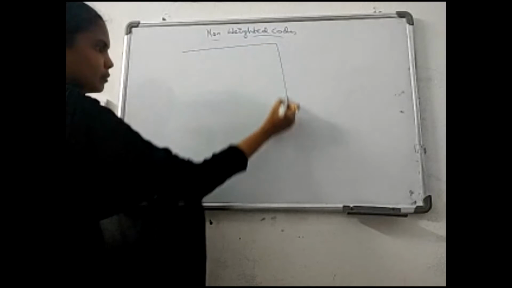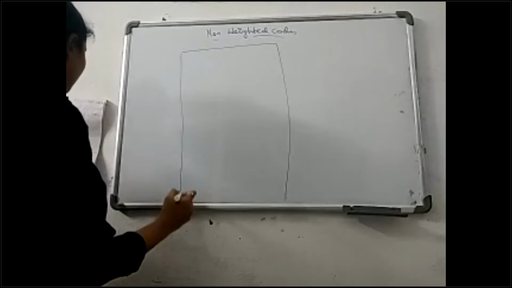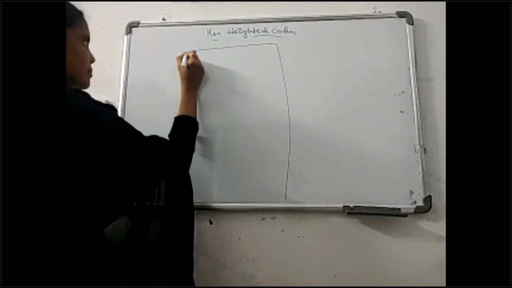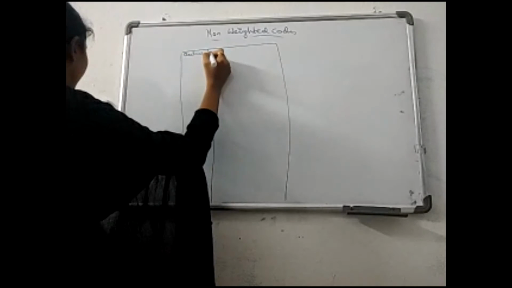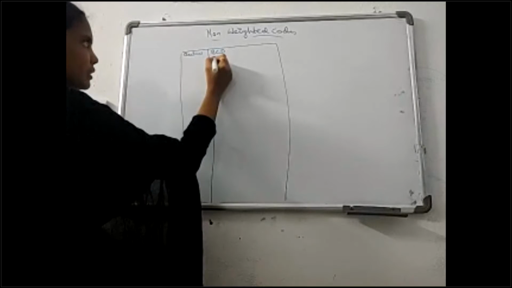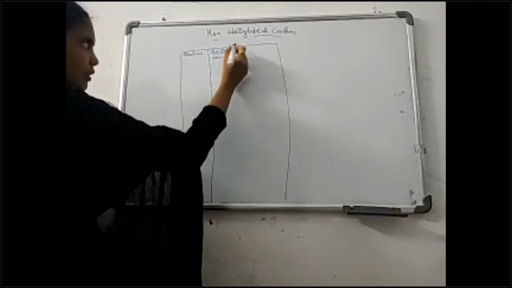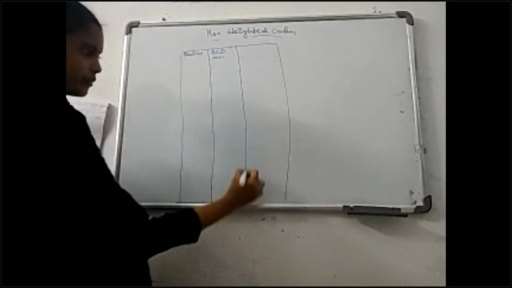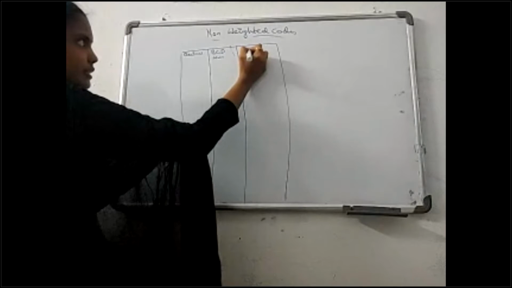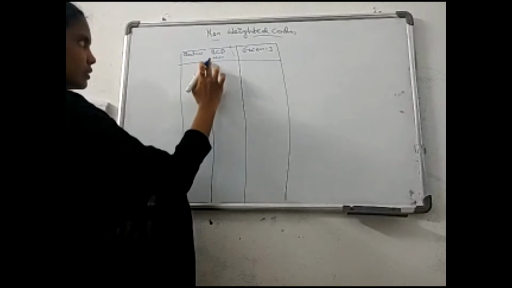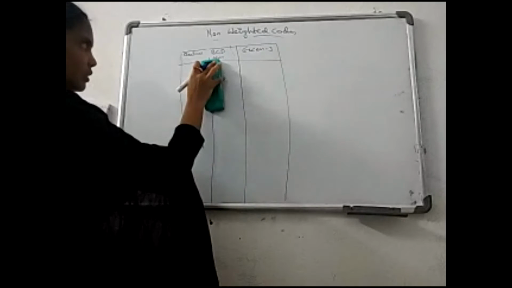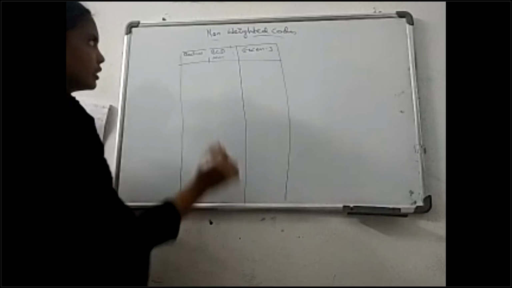So make it tabular form: decimal value, BCD number, and Excess-3 code.